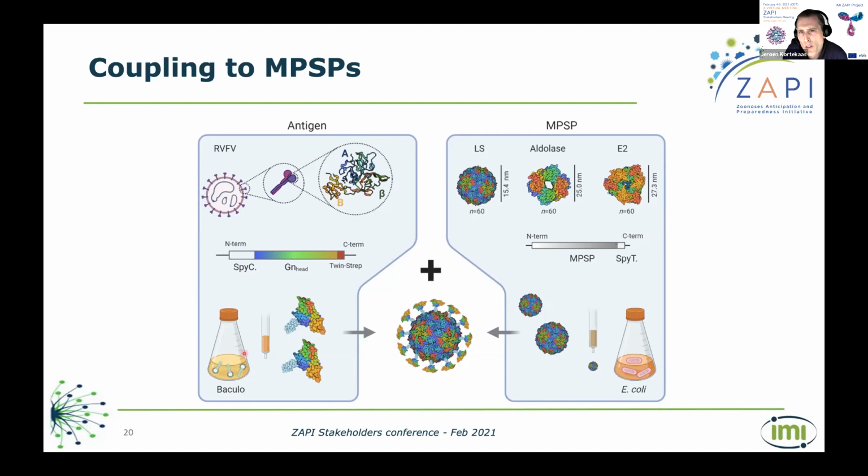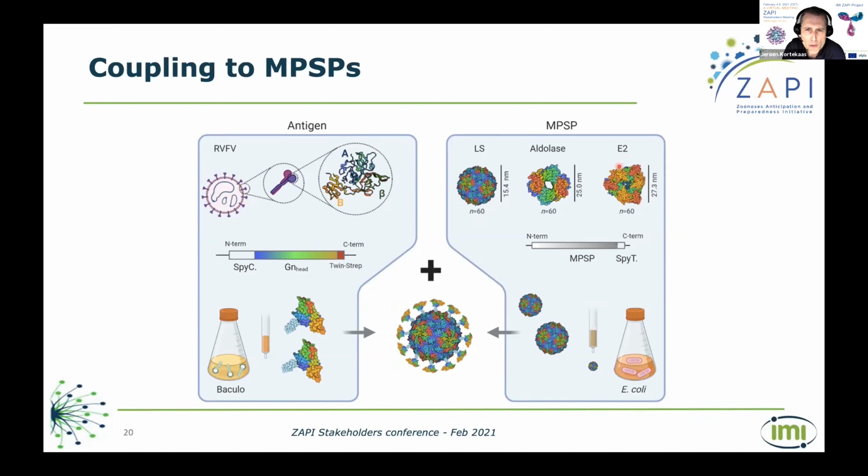And on the right, you see the multimeric scaffold particles, where we used 3 different scaffold particles: the lumazine synthase, the aldolase, and the E2. These particles are of similar size, and they also have the same number of subunits, but the production of these particles could of course be very different.